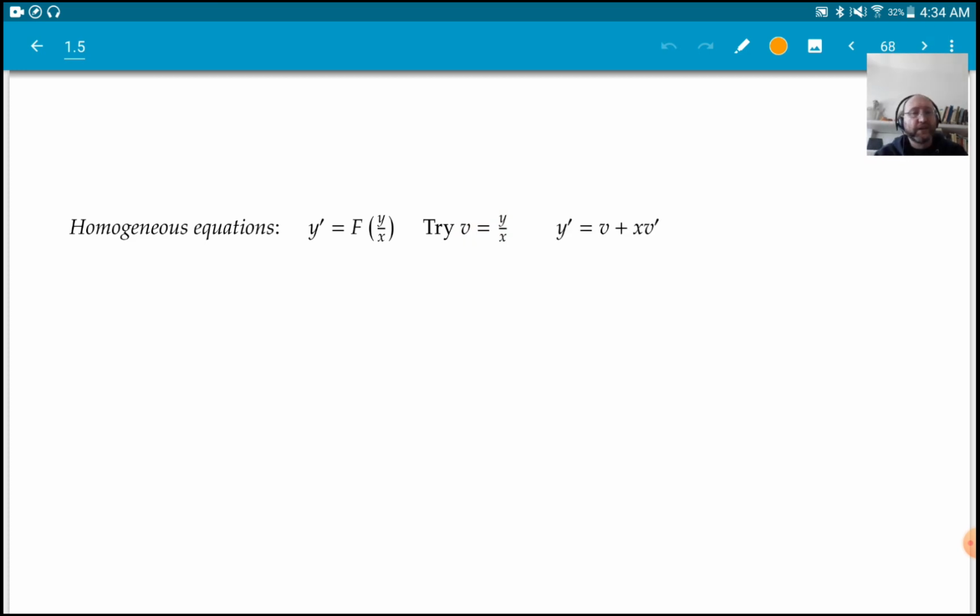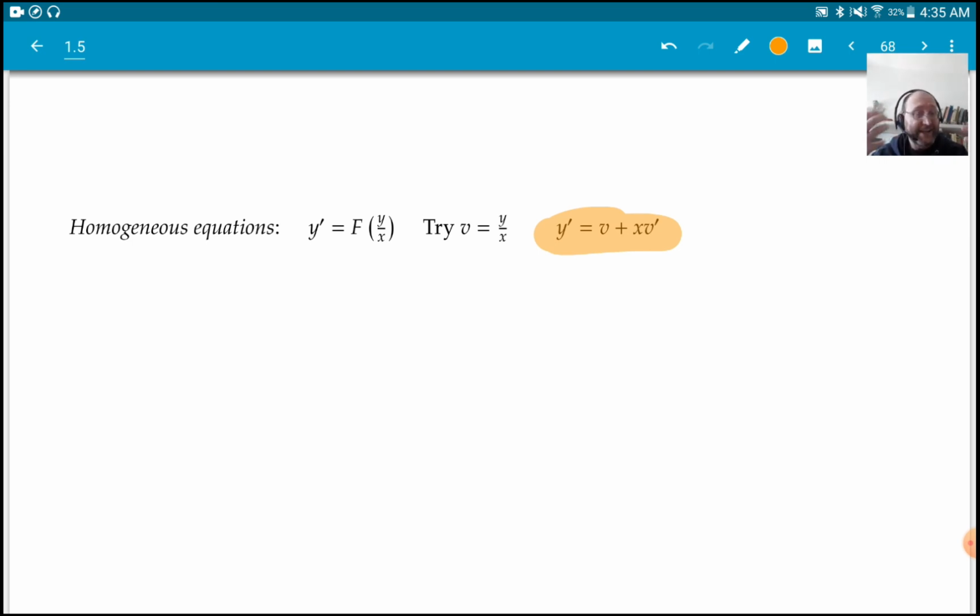Now, if you try that substitution and differentiate, you get this. An easy way to get this is to multiply by x on both sides, so you have xv is equal to y, and then differentiate. You'll get y prime is equal to the derivative of xv. You use the product rule, because x is a function of x, v is a function of x.